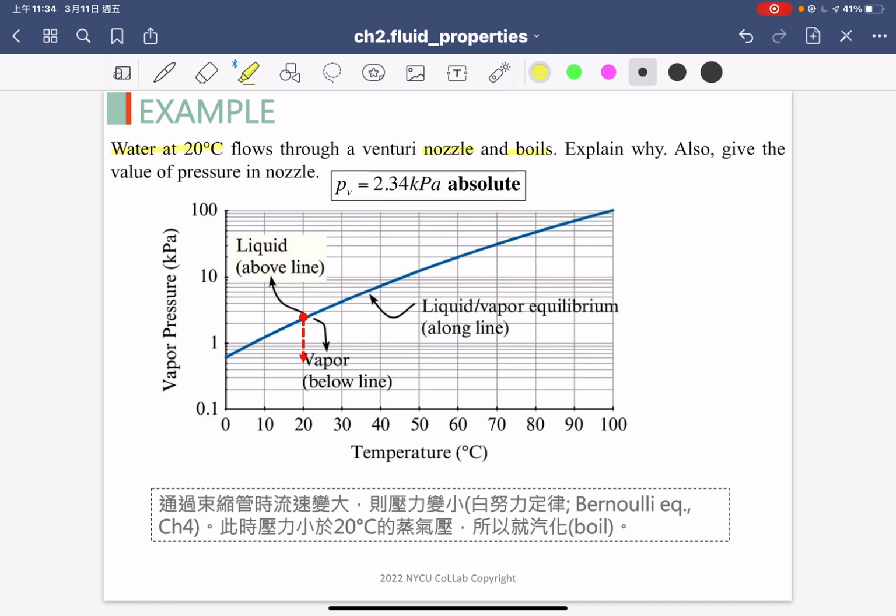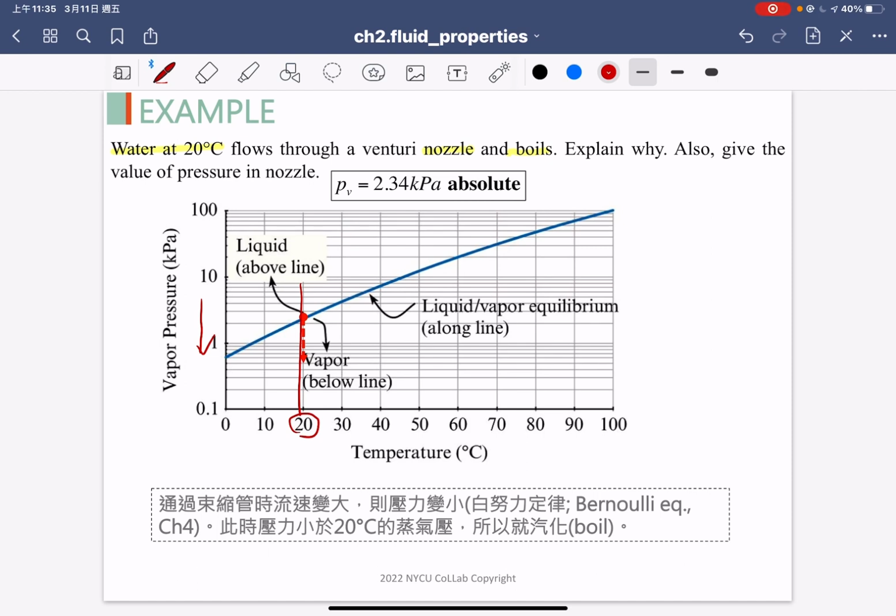We fix the condition here. We fix the 20 degree condition. So there is only one possible answer: the pressure should be decreased, because we fix the 20 degree environment. If the pressure decreases, from high to low, you will cross over the blue line.